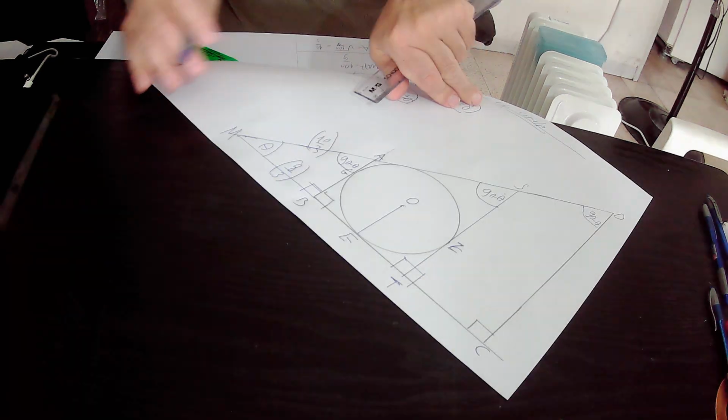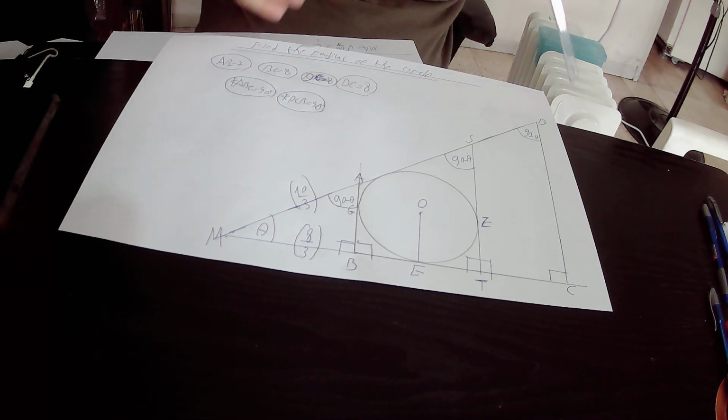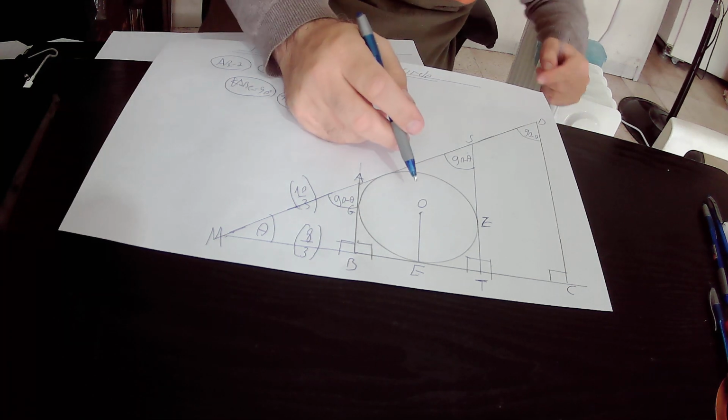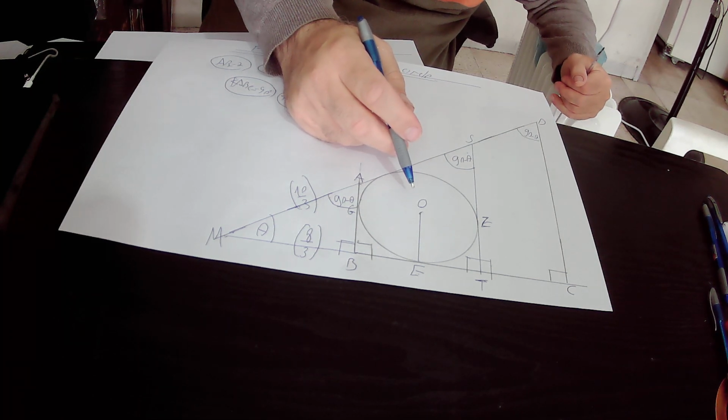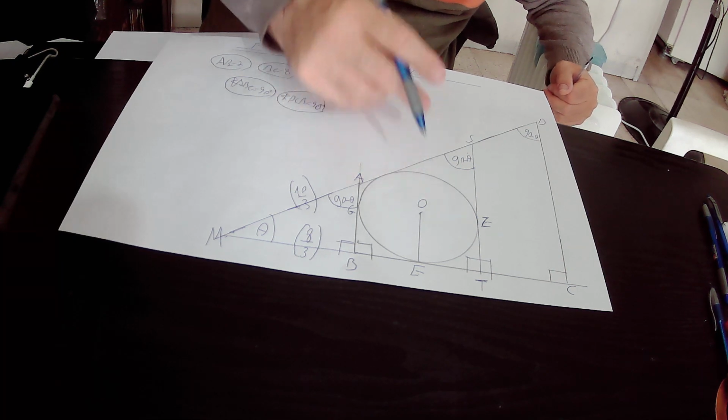Point O is the center of the circle, point E is a point on the circle itself. Therefore, OE is the radius of this circle. We define the radius as x. Therefore, OE equals x.